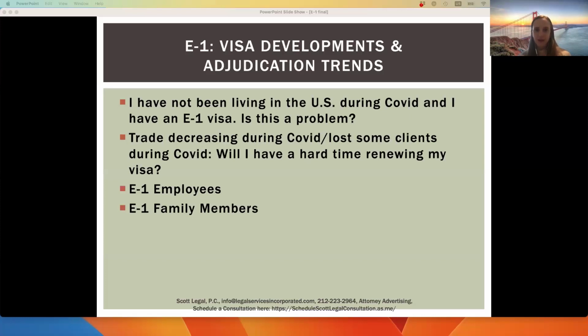So it's completely fine if you split time between the US, your home country, or some other country. There's no minimum amount of days you would need to spend in the US on the E-1 visa. The other thing we see now when doing renewals, or even initial E-1 visas, is that people are concerned.